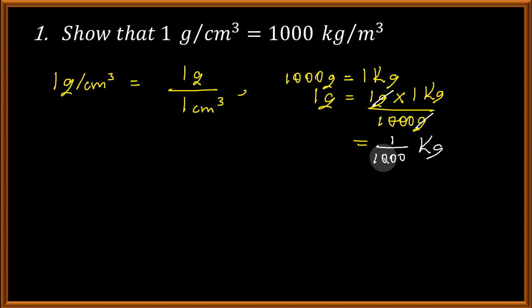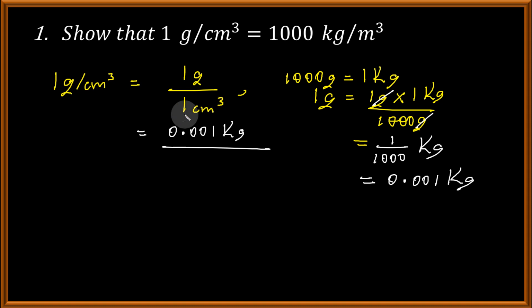So 1 gram is the same as 1 over 1000 kilograms, or I can say it is equal to 0.001 kilograms. So in the place of 1 gram, I'm going to have 0.001 kilograms.